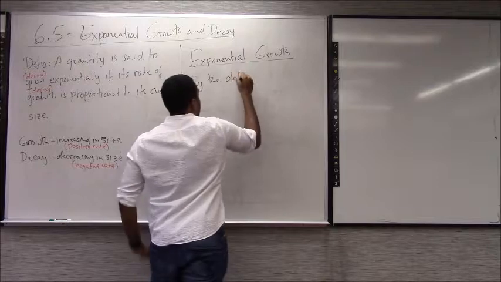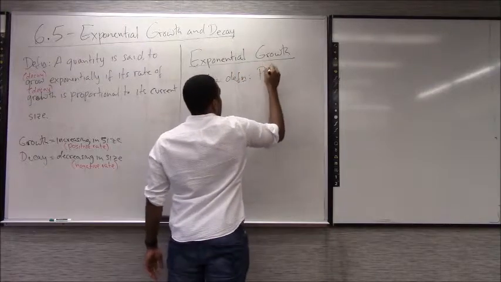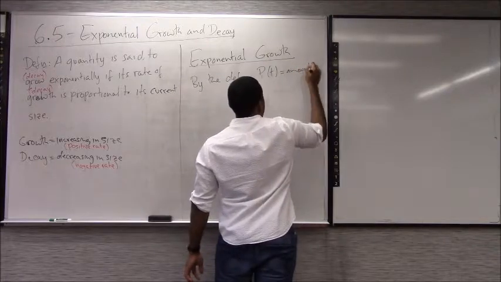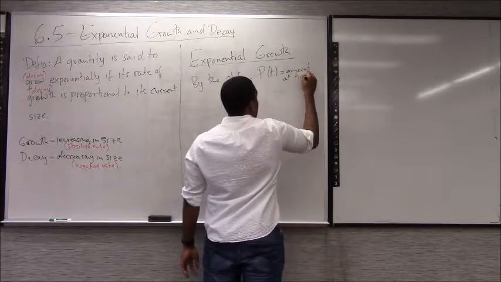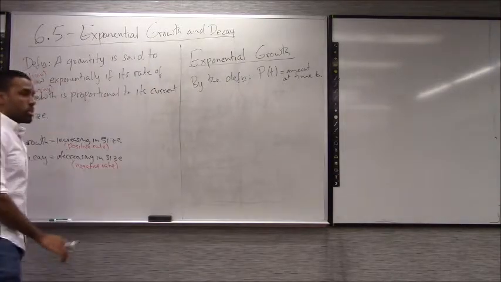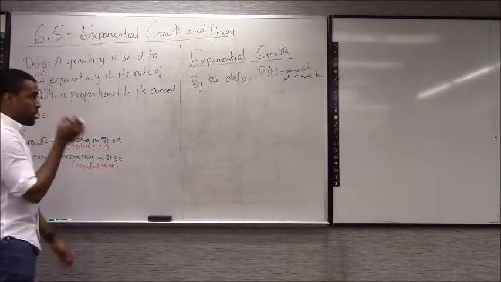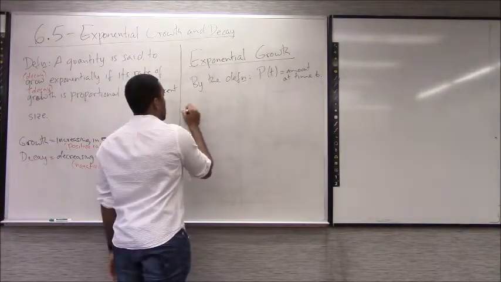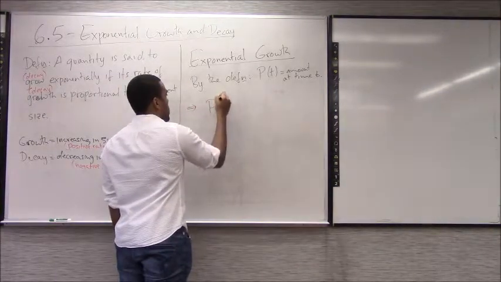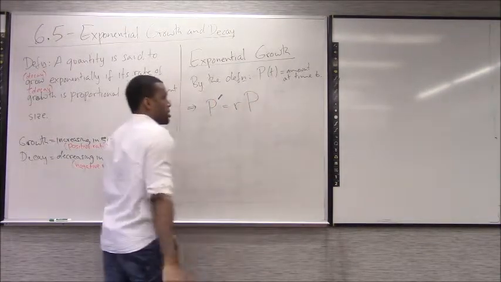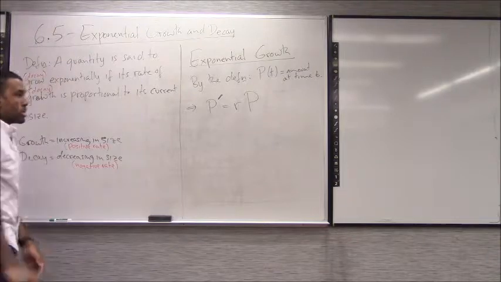By the definition, let P of t equal the amount of this quantity at time t. In other words, that's its current amount. P of t is a function that measures the current amount of a substance or quantity that I care about. This means that its rate of change is proportional to its current size. Proportional means just a constant times it.